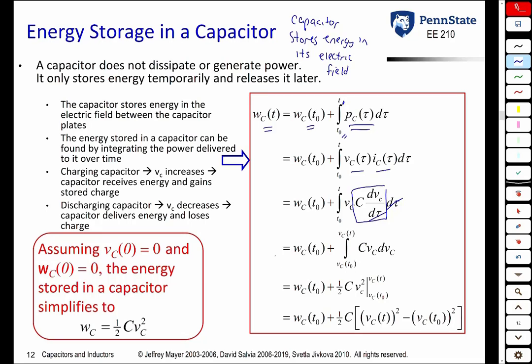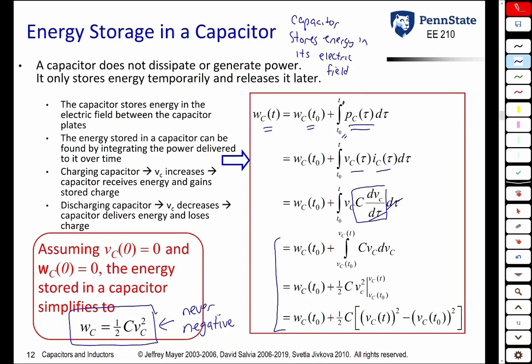I wouldn't worry so much about these three lines here. What's important is the final expression. The energy stored in a capacitor at any time is equal to 1/2 times the capacitor value times the voltage across the capacitor squared. Note that this is never negative.